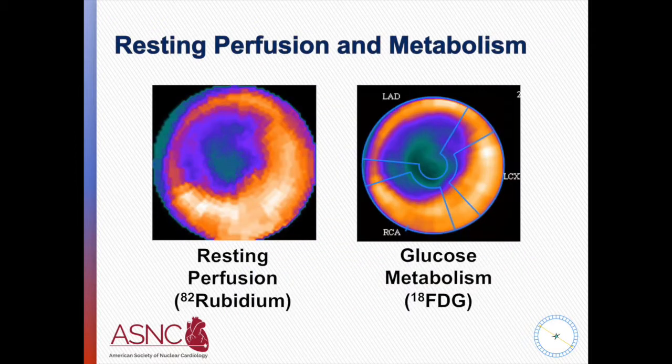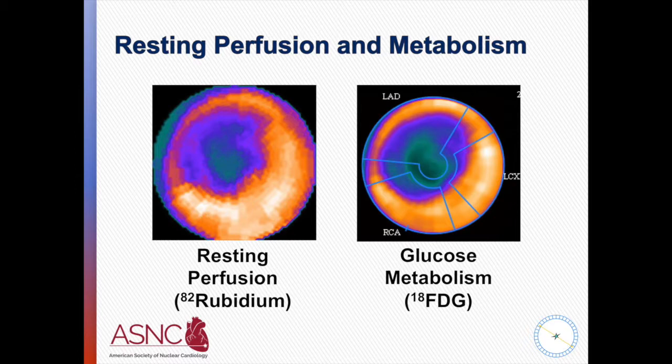Here you can see on the polar map display, again comparing resting perfusion with rubidium on the left and glucose metabolism on the right, that the defect of FDG uptake in the LAD territory is quite severe and extensive, again implying that there is really very little residual myocardial viability present. And I can say that fairly confidently because in patients who do have residual viability, we'll very clearly see glucose uptake in the ischemic hibernating myocardial region. In fact, sometimes that region will take up more FDG than other normally perfused regions just because ischemic myocardium tends to preferentially use glucose for its metabolism.